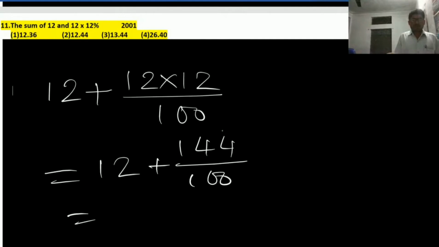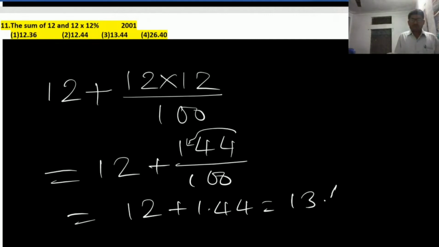To divide by 100, shift the decimal to the left by 2 places. So 12 plus 1.44, 13.44 is the answer. 13.44, option 3.